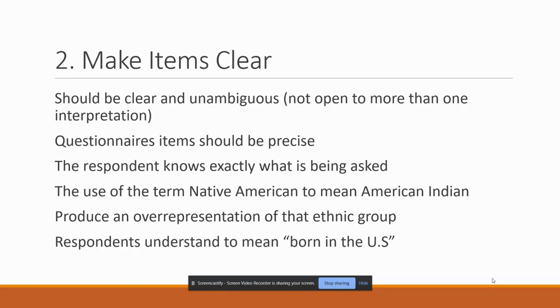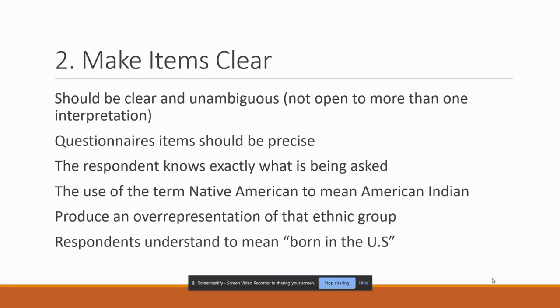Another example of an item that could be not so clear is the term. For example, the use of the term Native American to mean American Indian.